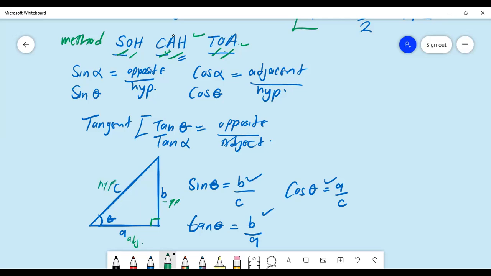So when we say sine from SOHCAHTOA, it is B, the opposite, out of C. Then tan is B out of A. Cos theta is A out of C. Whereby this is the angle, and these are the trig functions, what we call the trigonometric ratios.